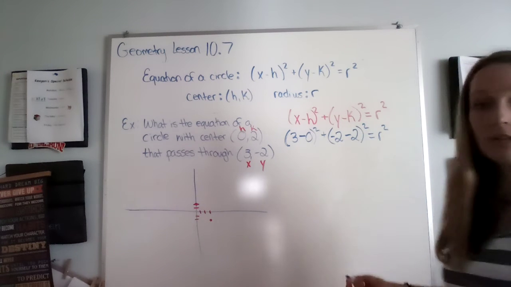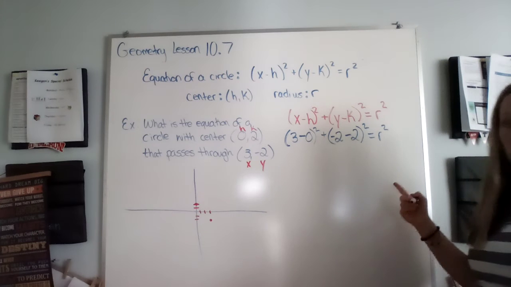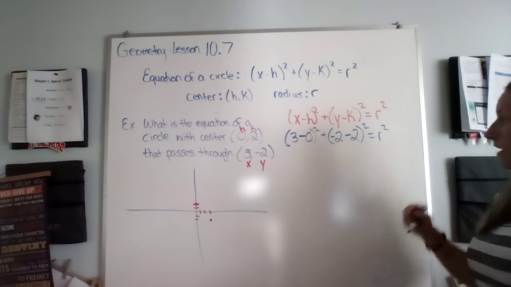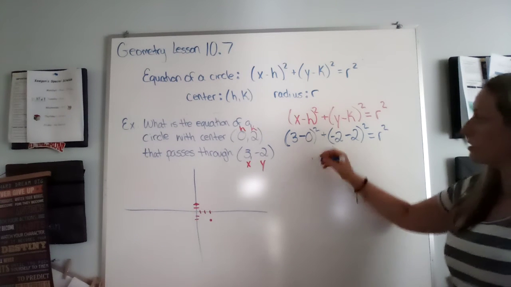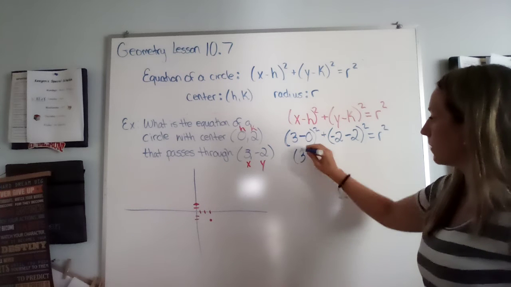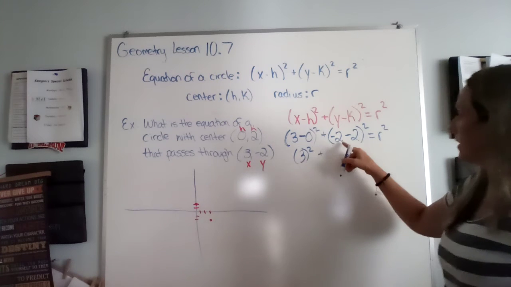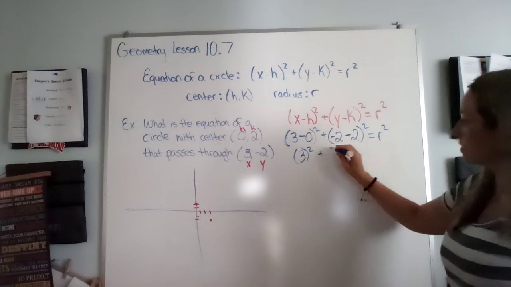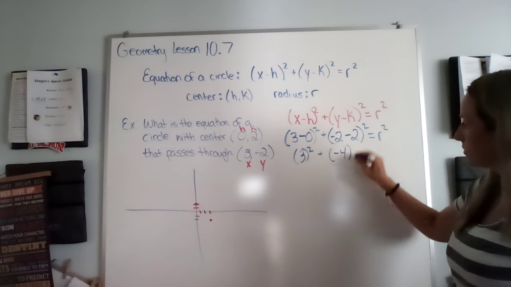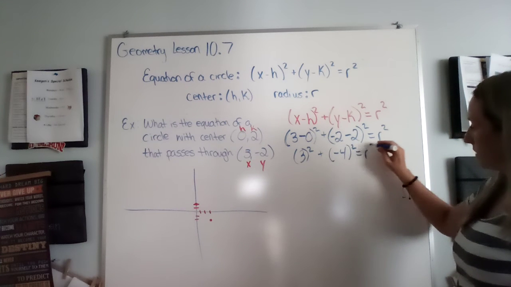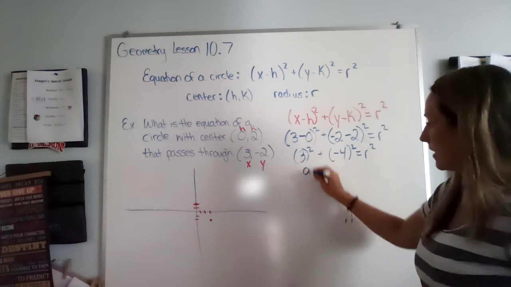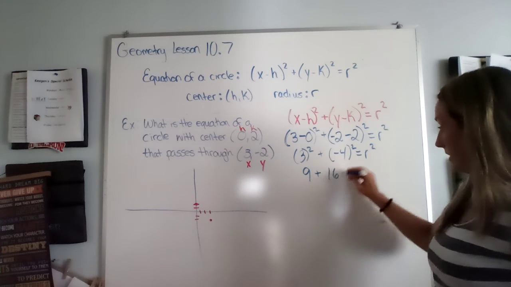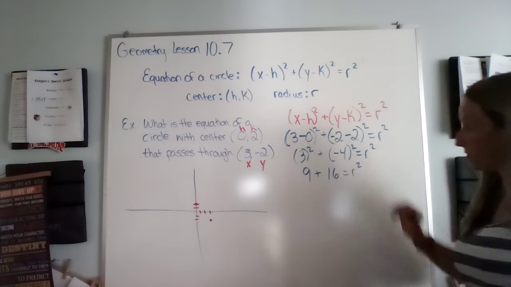But see, what you just did was you came up with an equation with one unknown, one variable that you can now solve for. So 3 minus 0 is 3, so now I have 3 squared. -2 minus 2, that's going to be -4 squared equals r squared. So that's 9 plus 16 equals r squared.